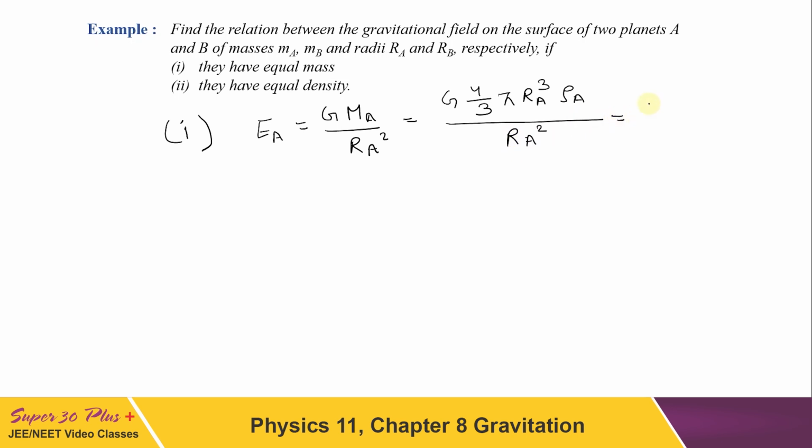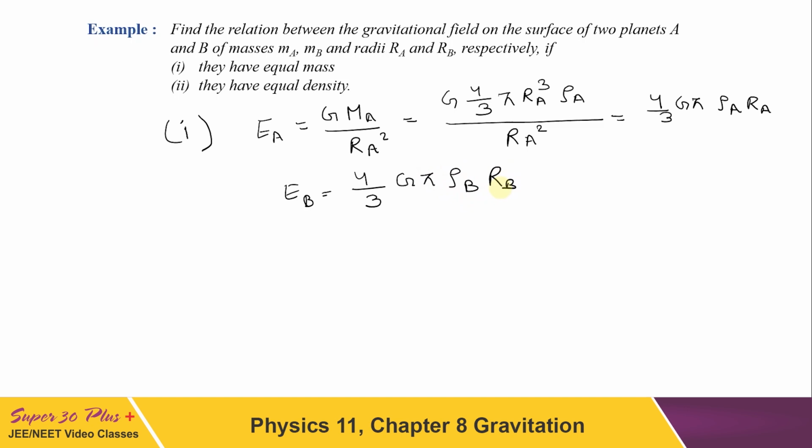That will be equal to 4 by 3 G pi rho A Ra, where rho A is the density of planet A. Similarly, Eb will give a similar result. So directly it can be written as 4 by 3 G pi rho B Rb.